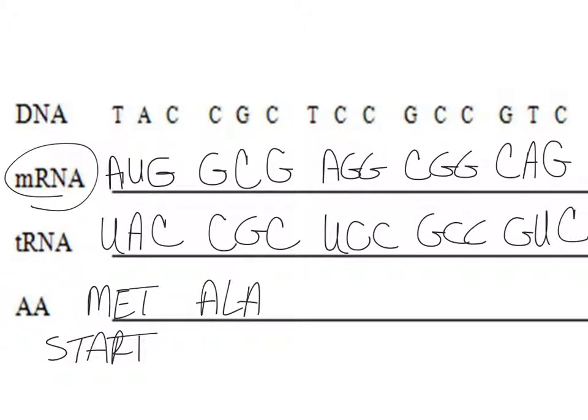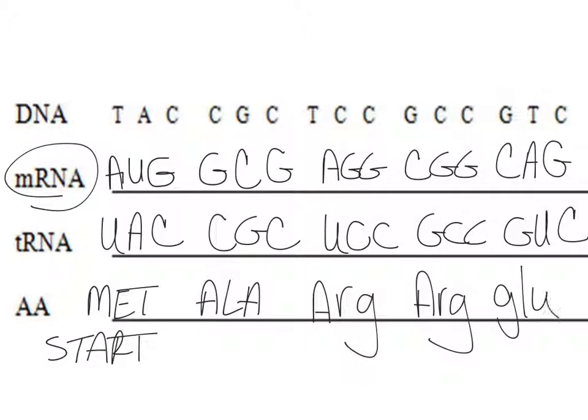If we look up AGG, that codes for arginine. If we look up CGG, that also codes for arginine. Remember we talked about how amino acids can have more than one codon associated with them. And CAG, that last one is going to be glutamine.